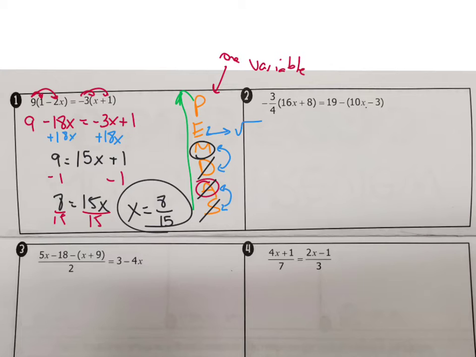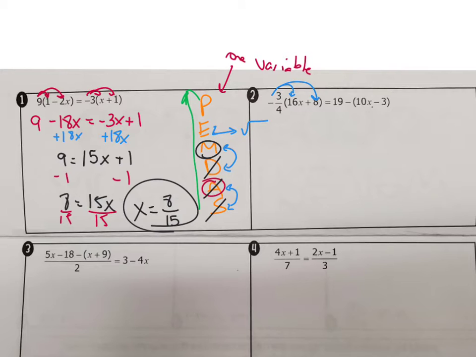So the first thing I'm going to do is distribute this negative 3/4. So I just do negative 3/4 times 16. Remember, you're doing negative 3 times 16 to get negative 48, then dividing it by 4, or you're just doing the fraction together, negative 3/4 times 16. You end up with negative 12x.